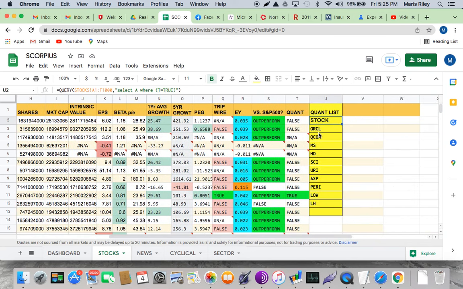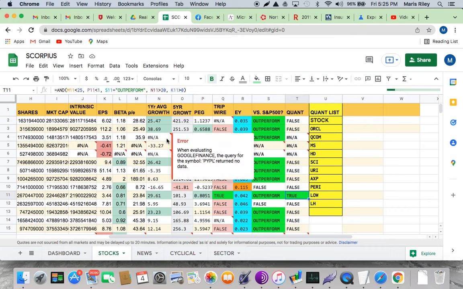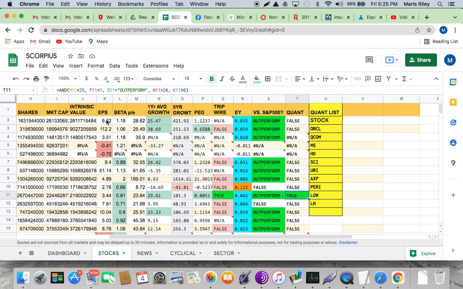So in the quant column, the price to earnings ratio is below 25, the price to earnings over the growth ratio is less than 1, it outperformed the S&P 500 over the last 5 years, it has a 1-year growth of over 20%, and the earnings per share is greater than 0. So these are companies that make money, have positive growth, outperform the S&P 500, and are considered below fair value for price to earnings over the growth ratio, okay?